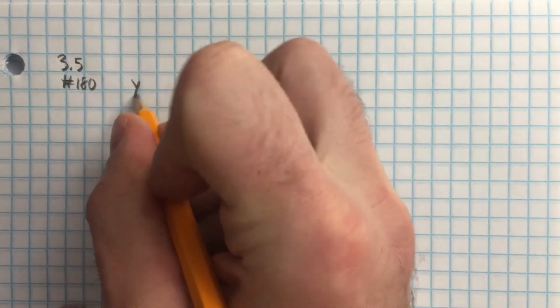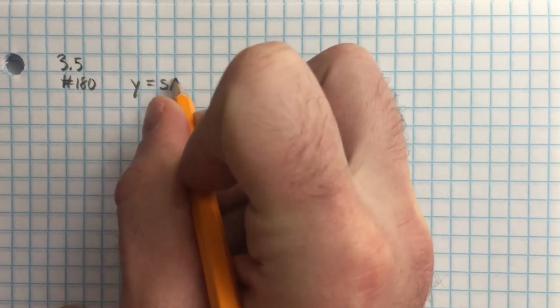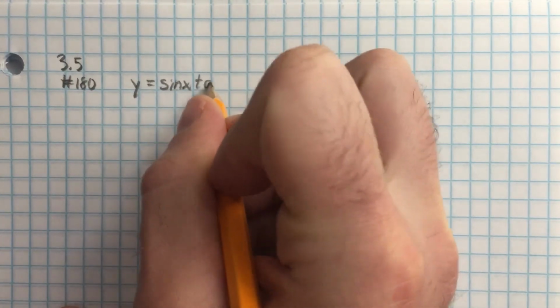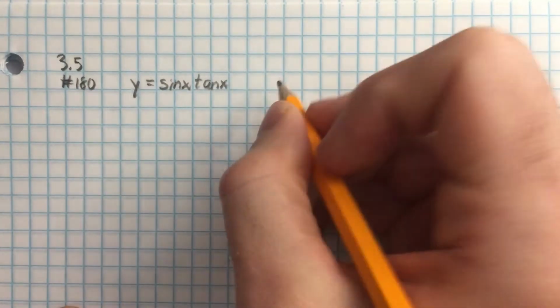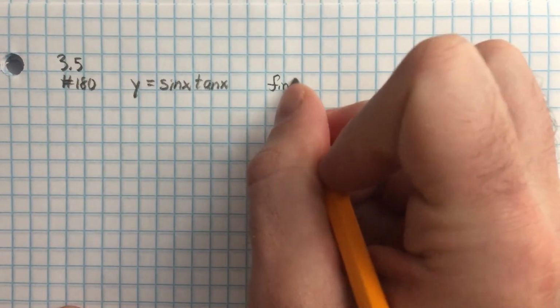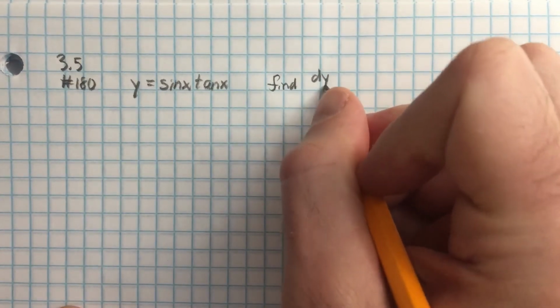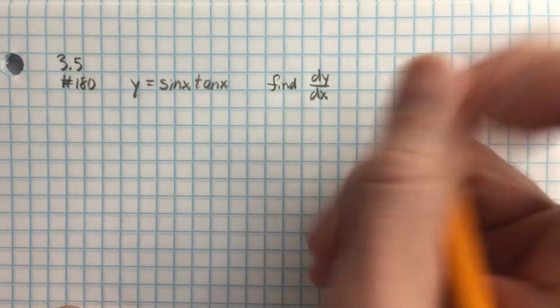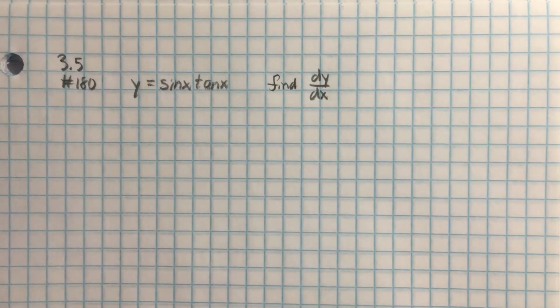So in this particular problem, we have y equals sine x tan x, and we're supposed to find, using Leibniz notation, dy dx. Since the question has begun with this particular notation, I will continue to use it throughout the rest of the problem.